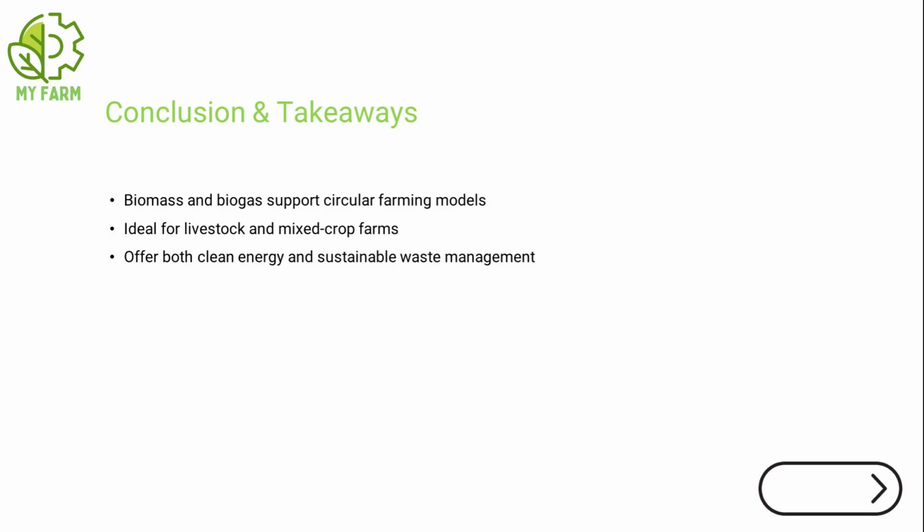Through anaerobic digestion, farms can transform manure and other organic waste into biogas, a clean, versatile energy source that can heat buildings, power machinery, and generate electricity, all while drastically reducing methane emissions and odor. Beyond energy production, the benefits extend deep into the soil.